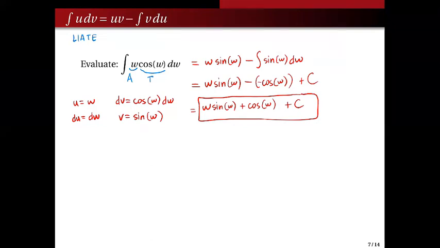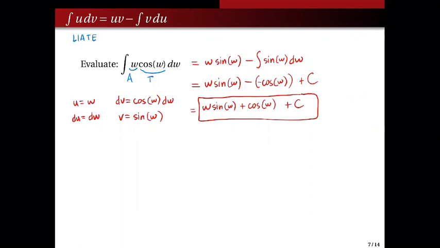Now, as you can see, every time we have the integral of v du, we always have a nice function to be integrated. Remember, that is one of your mini goals. Make sure that this guy here is integrable easily.